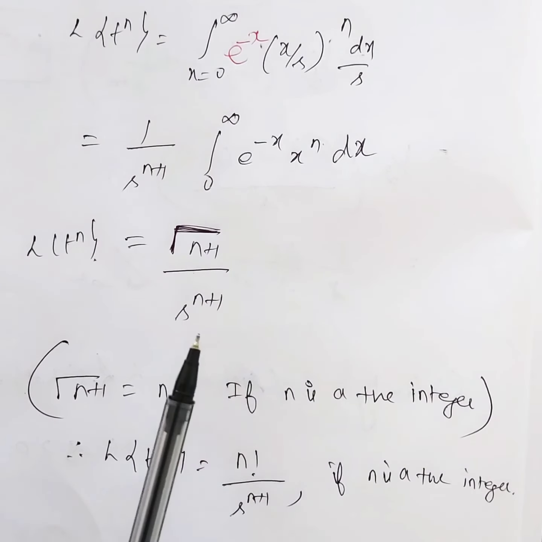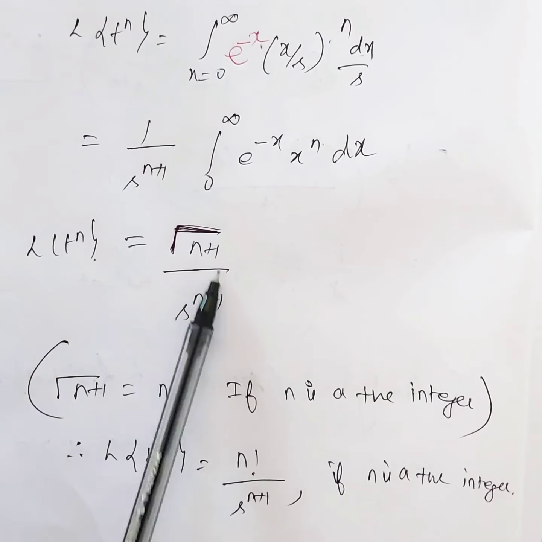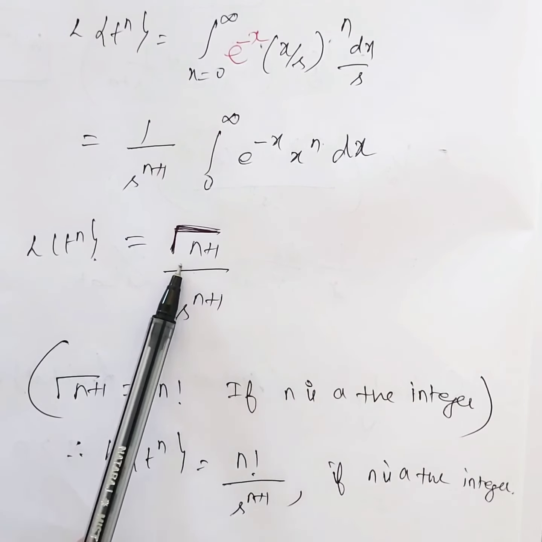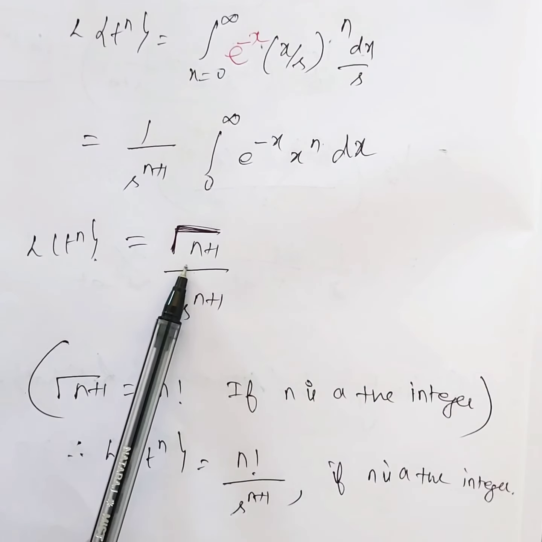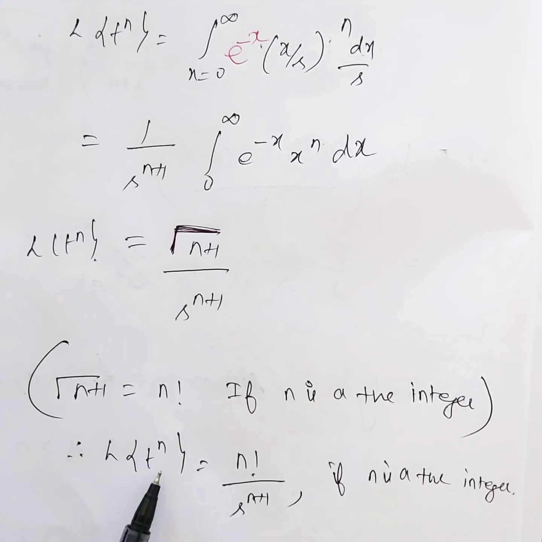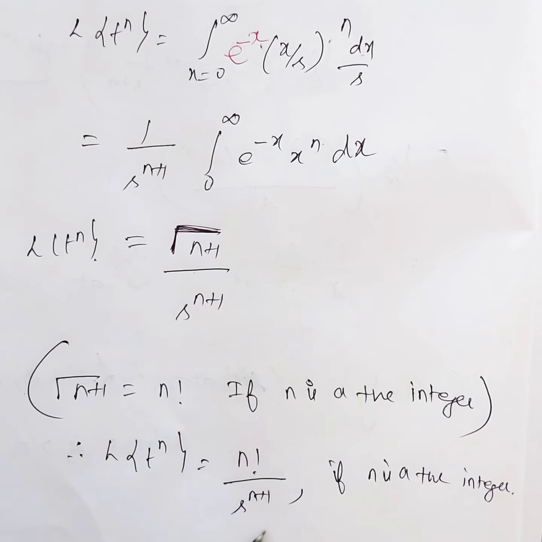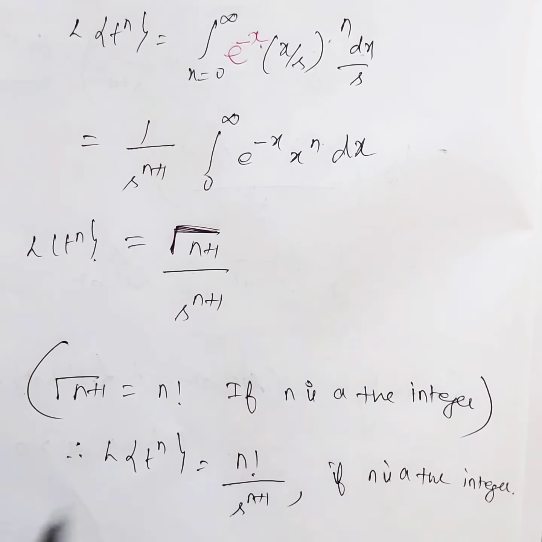Okay. So gamma of n plus 1, we know that it's n factorial if n is a positive integer. So in such cases we can use Laplace of t power n is n factorial by s power n plus 1. So we'll be using this formula only when n is a positive integer. Say Laplace of t power 3.